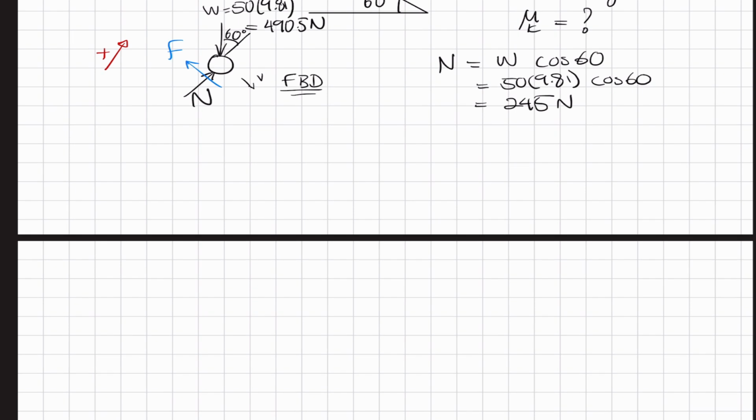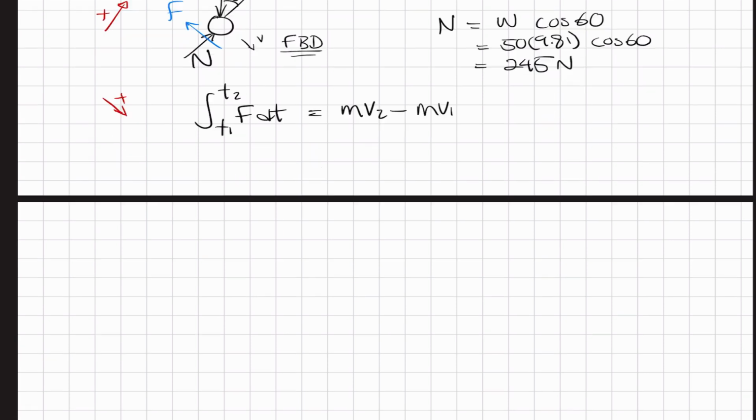Okay. So then what I can do is analyze in the tangential direction to the slope. So let's say this is positive, and I can use the principle of impulse and momentum. So my equation is... and if we say that the friction force is in the tangential direction to the slope, then we have the tangential component of w, right?